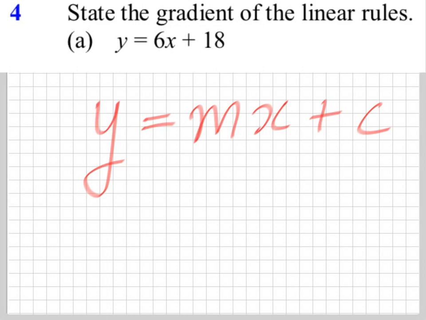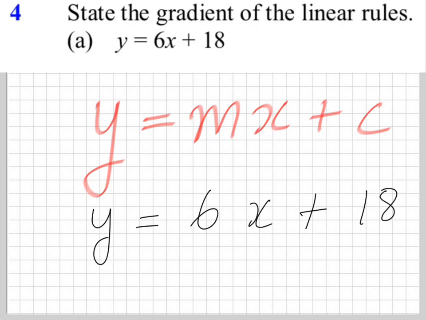So what is the question? y is equal to 6x plus 18. With this in mind, we can line them up and find out what our gradient is and what our y-intercept is. We should know that this here is our gradient, and this here is our y-intercept.